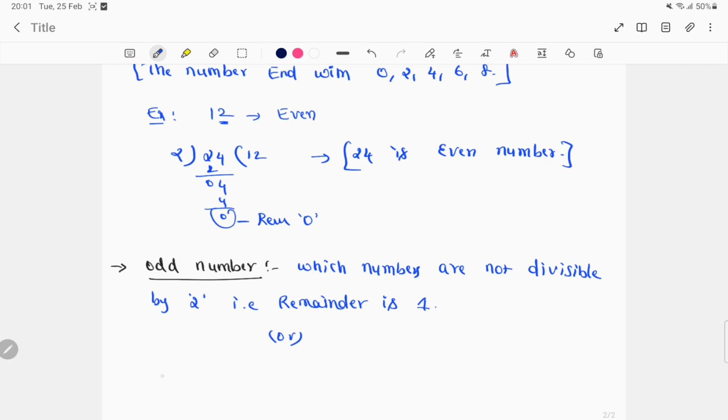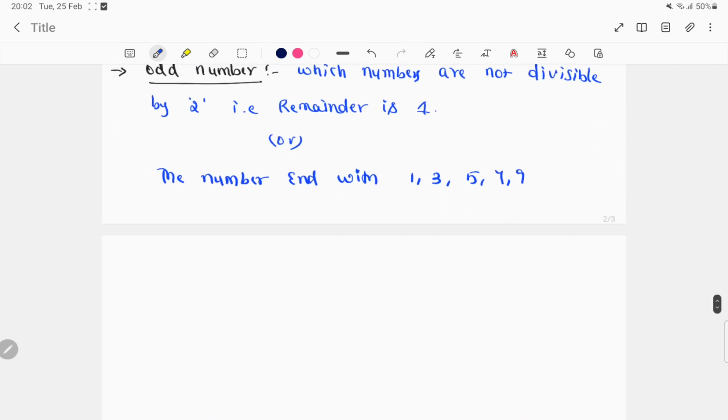Or the number ending with 1, 3, 5, 7, 9 is called an odd number. For example, if you want to check, I am taking 257.